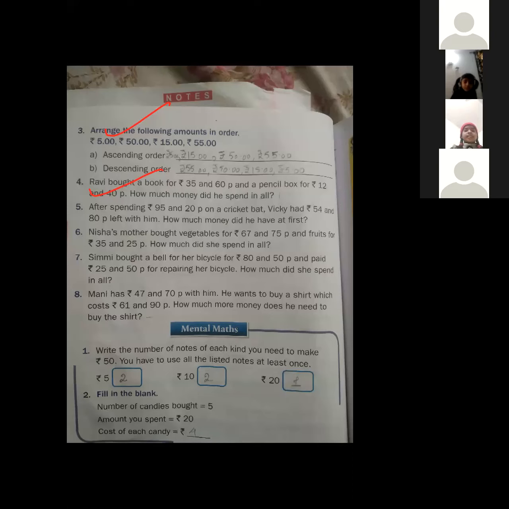Anshika, I'll just read. Very good, Anshika, you are trying. So I'll just read what you have said: Ravi bought a book for rupees 35 and 60 paise and a pencil box for rupees 12 and paise 40. How much money did he spend in all?